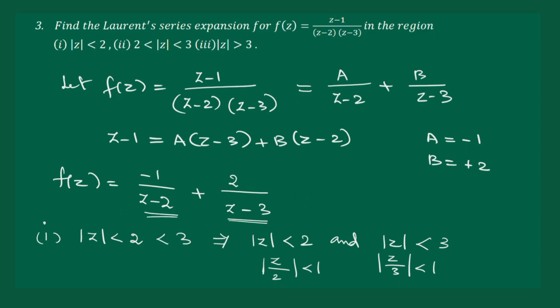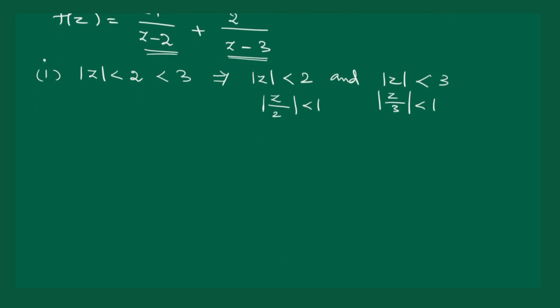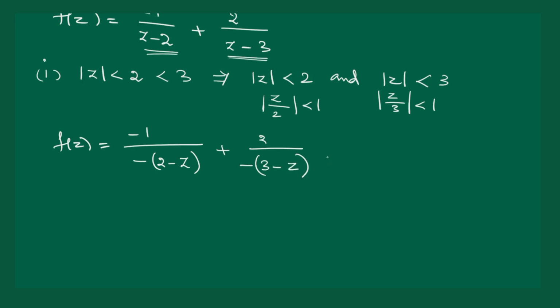Clear? If you notice, f of z can be written as minus 1 by, if we want to take 2 outside, first we write it like this, minus of 2 minus z. Similarly, plus 2 divided by, if we take minus outside, we can write 3 minus z. Clear? Now this becomes minus into minus, plus.